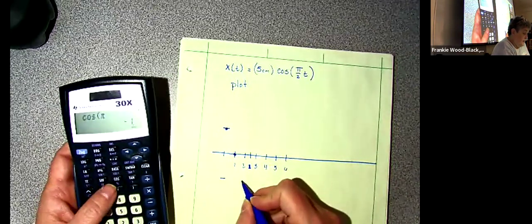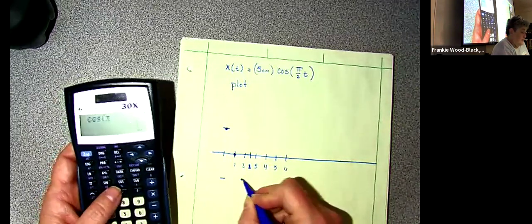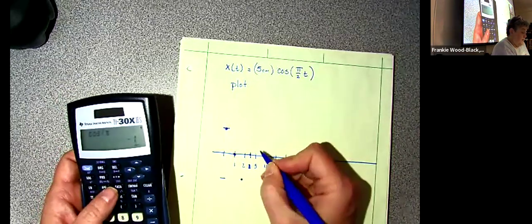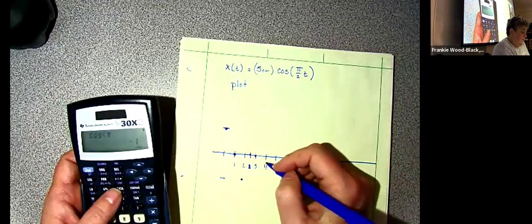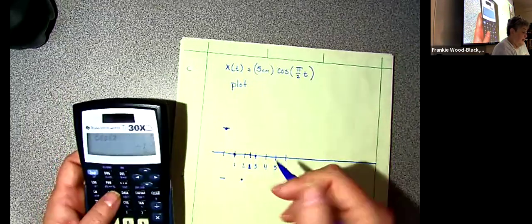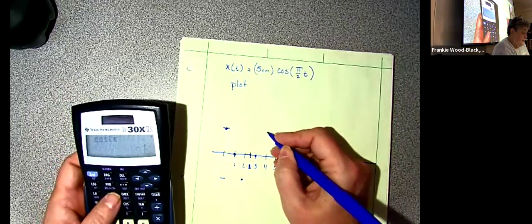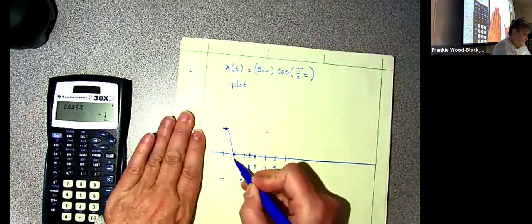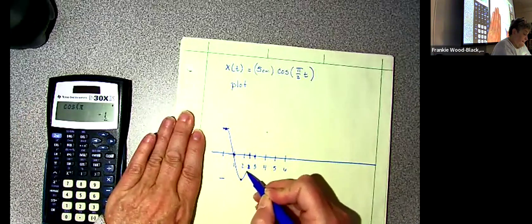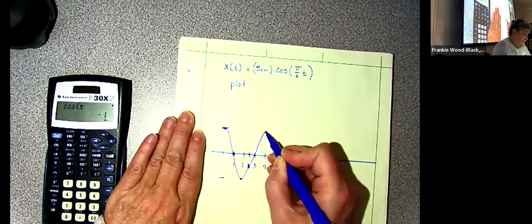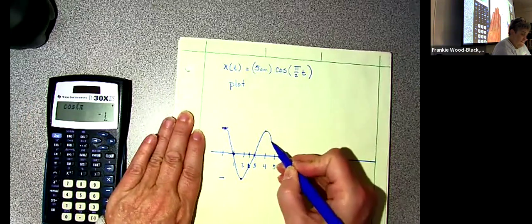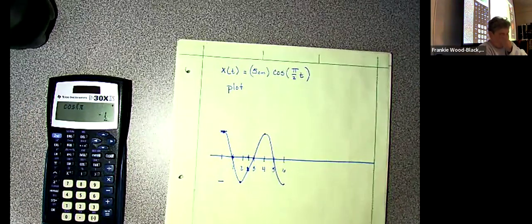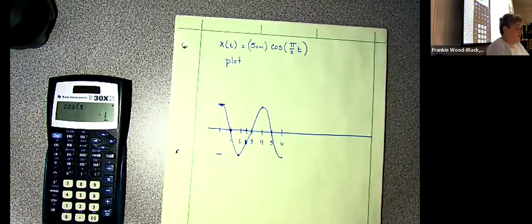I'm at -1. I'm there. And then I go up here. At 3, I'm going to be there. At 4, I'm going to be at 2 pi. So my curve is going to look like this.